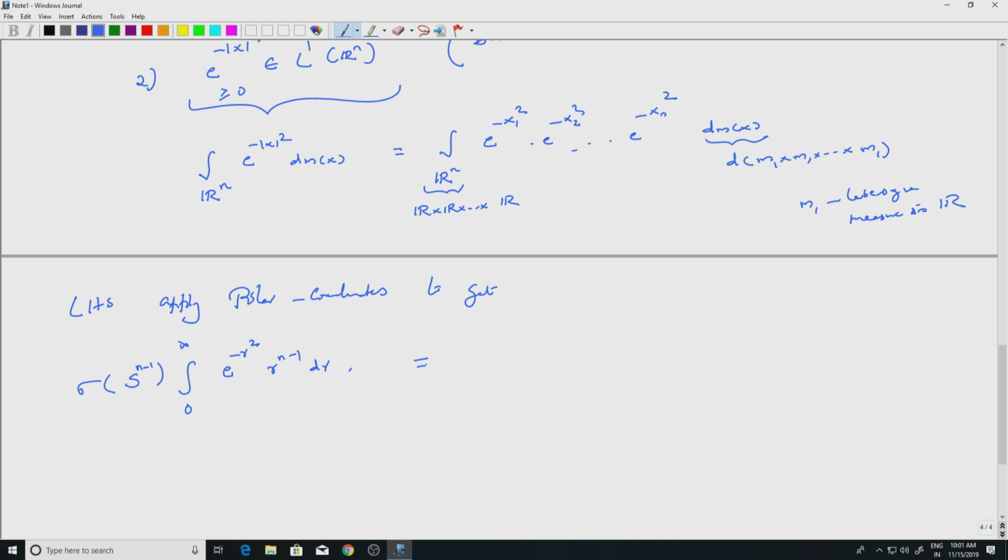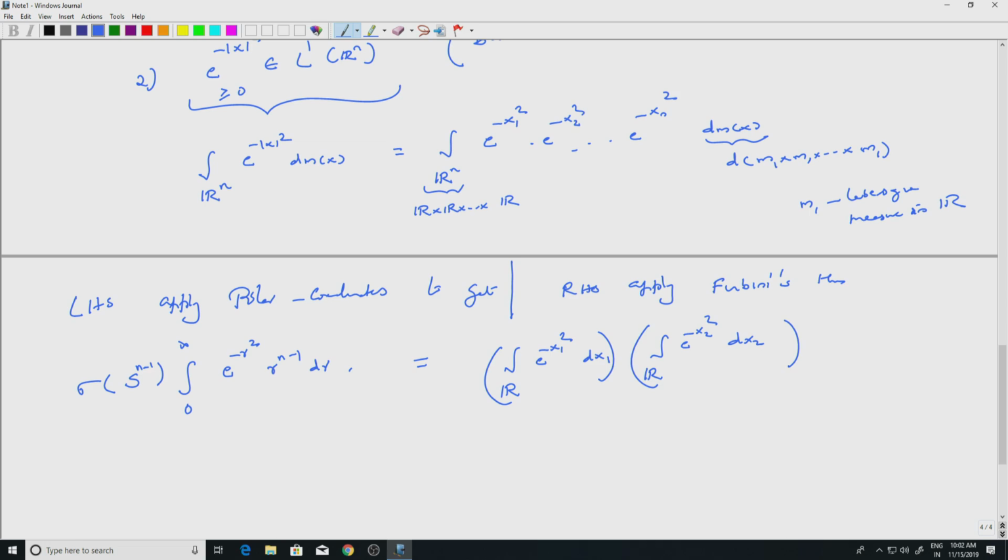Well, on the right hand side, let's apply Fubini's theorem, because we have a positive function. So order of integration does not matter. Then this becomes the integral over R of e to the minus x1 square dx1, where dx1 means dm1 x1, and I will simply write dx1, usual Riemann integral notation, times the integral over R of e to the minus x2 square dx2, etc., etc., because these are independent of each other, so they all come out as constants.